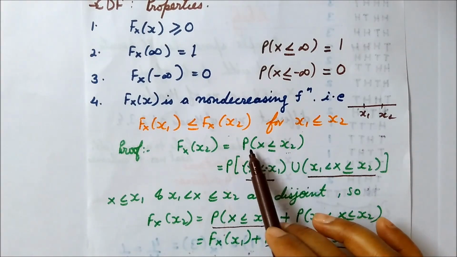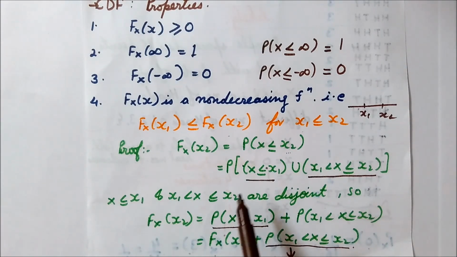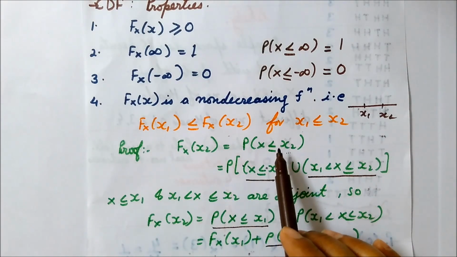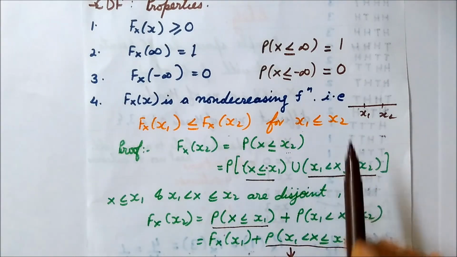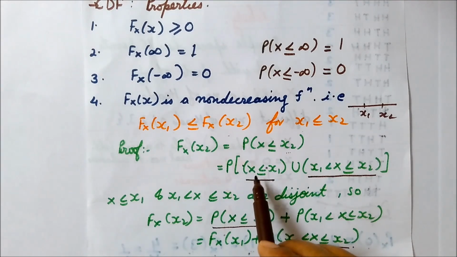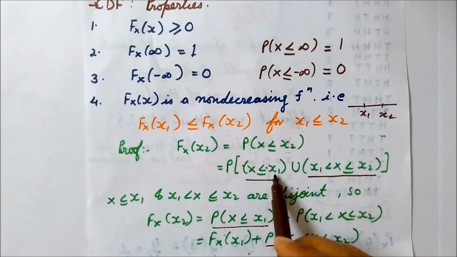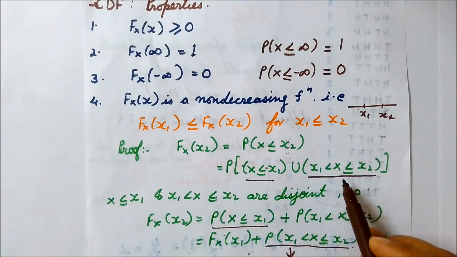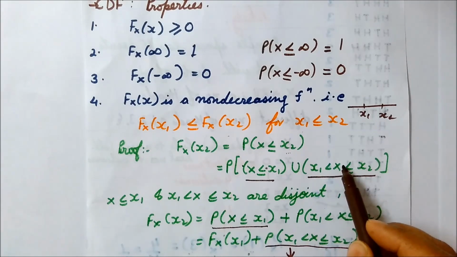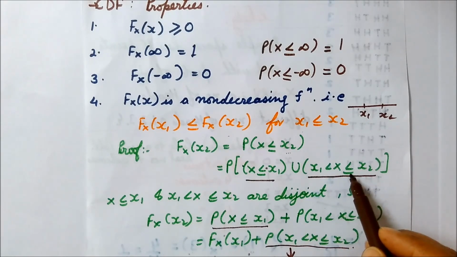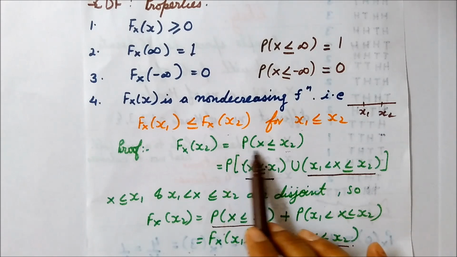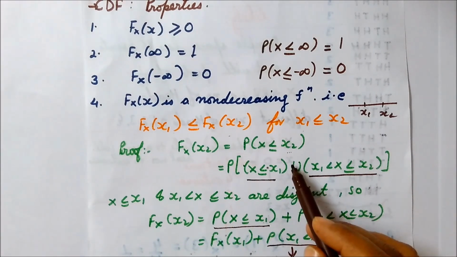We can break this into two parts: the random variable having a value less than or equal to x1, which is less than x2 since we have taken this as an assumption, and the union of the event that the random variable X has a value from x1 to x2, with the equal sign at x2. So we have broken this term into two parts, and this is the union.